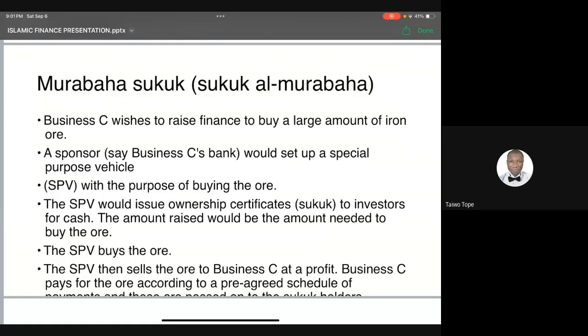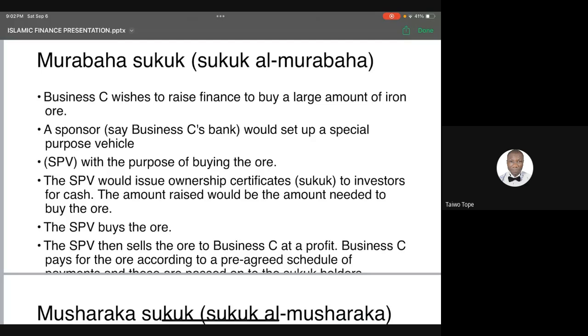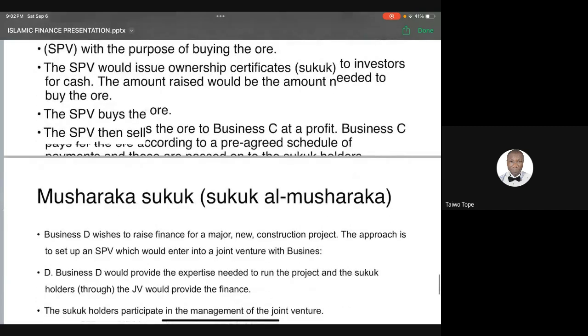The investors release cash up to the target amount needed to buy the iron ore. Once that cash is raised, the purpose of the SPV has been fulfilled. Then the SPV sells the iron ore to business C at a profit, and business C pays for the iron ore according to a pre-agreed schedule of payments.